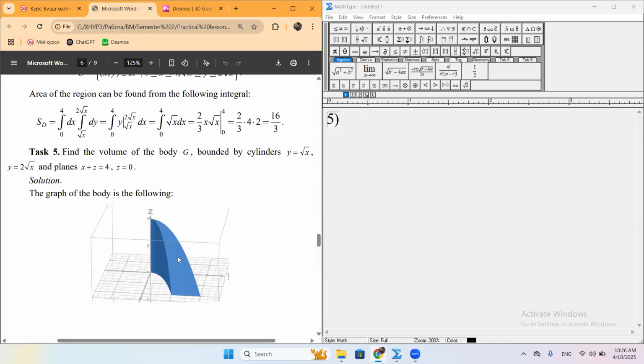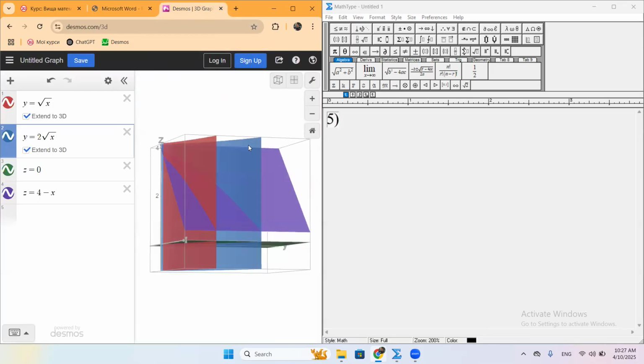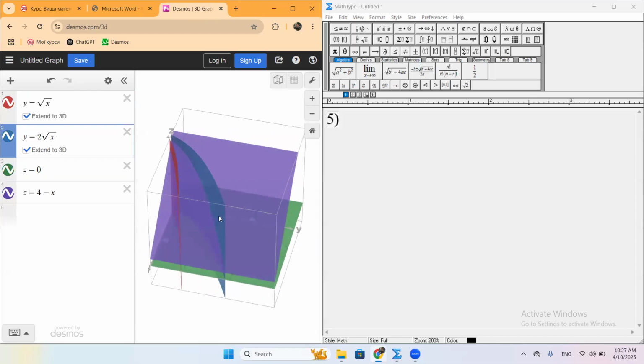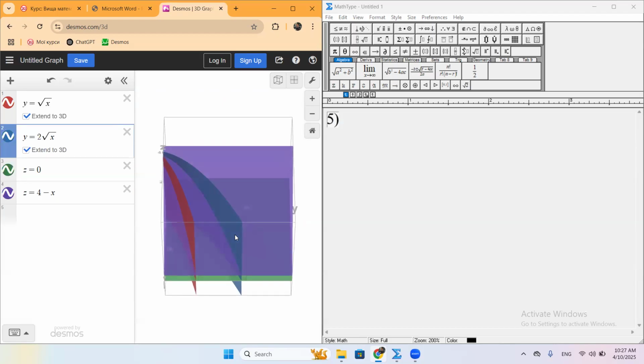Actually, we have a better graph here. That's just for understanding how it looks, the body for which we need to calculate the region of integration.